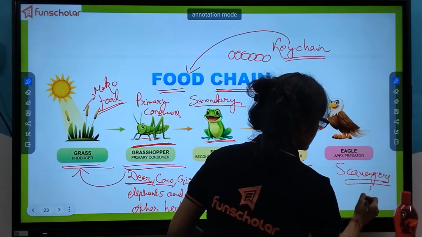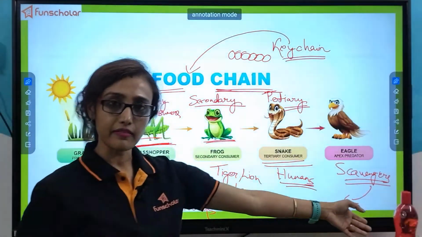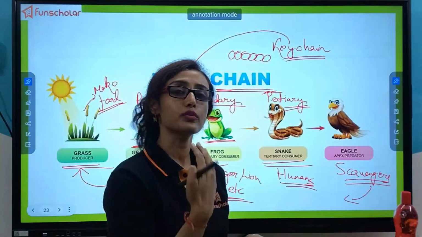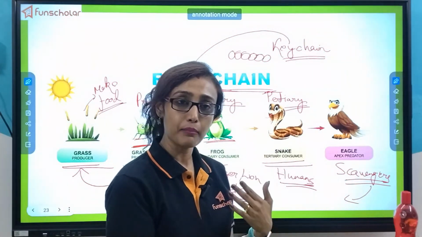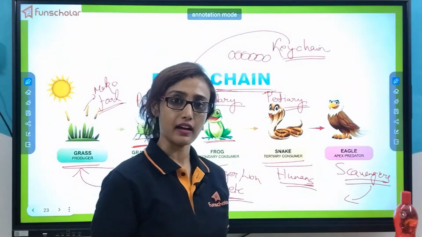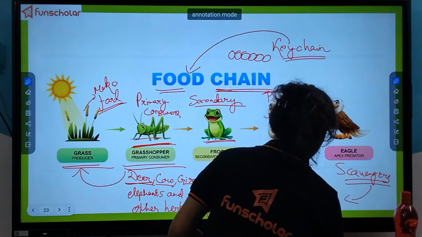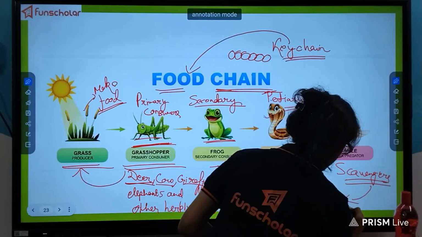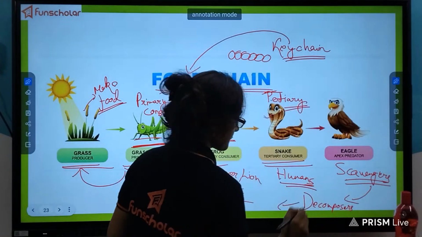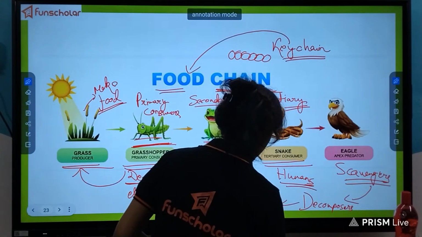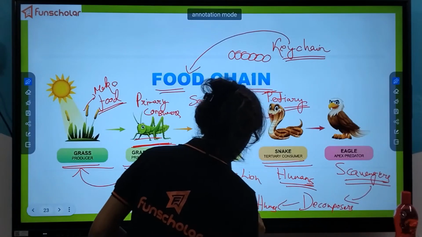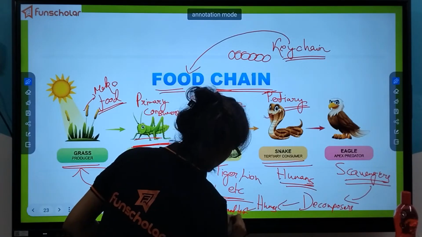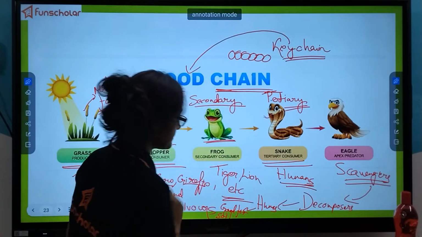Okay? Then after the scavengers eat away the dead remains of both plants and animals, then come the decomposers. And what they do? They make humus which is good for soil.